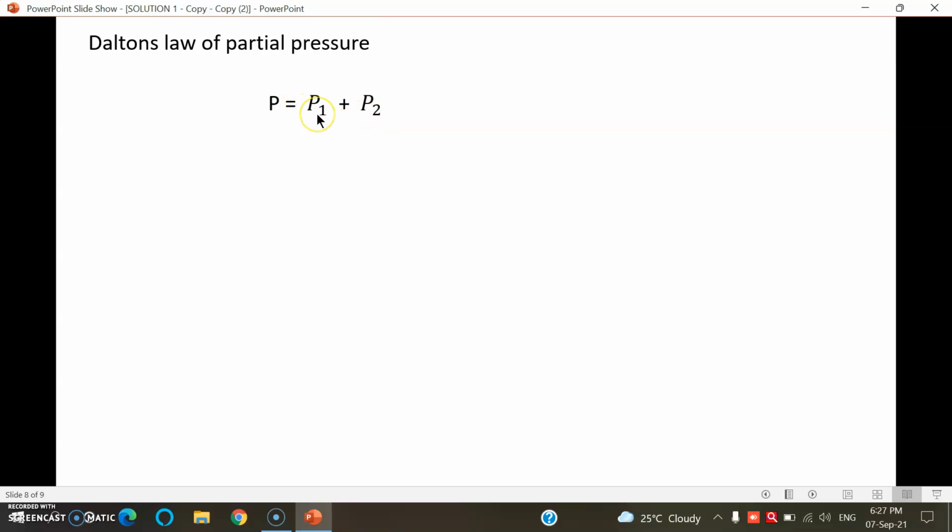P1 is the partial pressure exerted by A1 and P2 is the partial pressure exerted by A2.